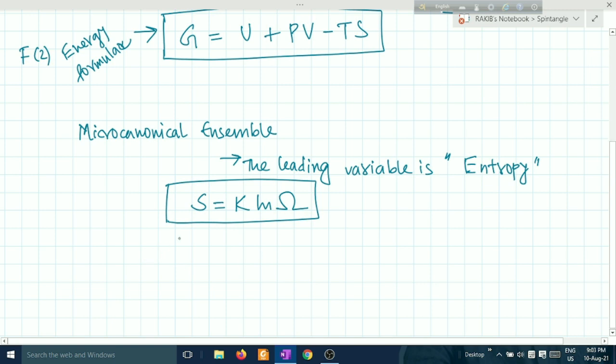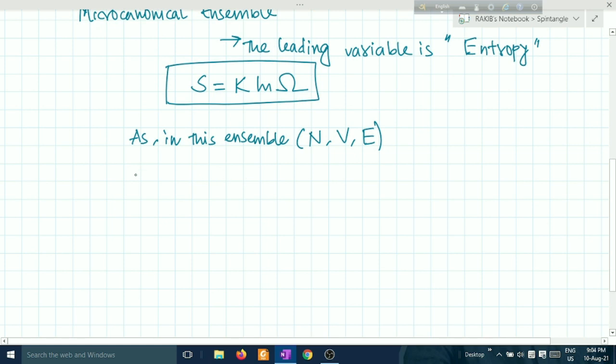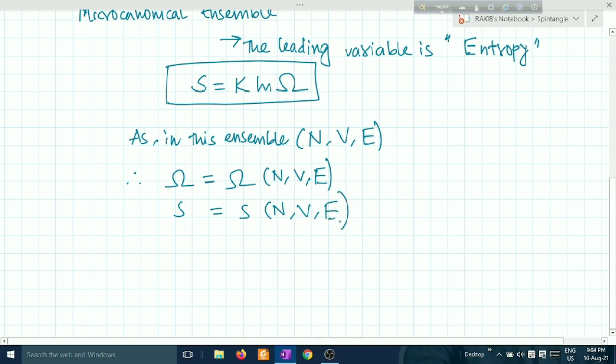In this ensemble, the constant parameters are N, V and E. Therefore, this omega will be a function of N, V and E, and hence entropy S will also be a function of N, V, E. This is the first thing you need to know.